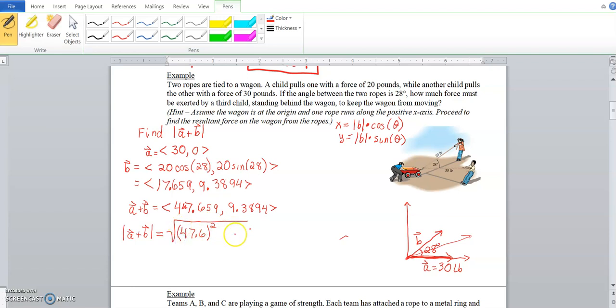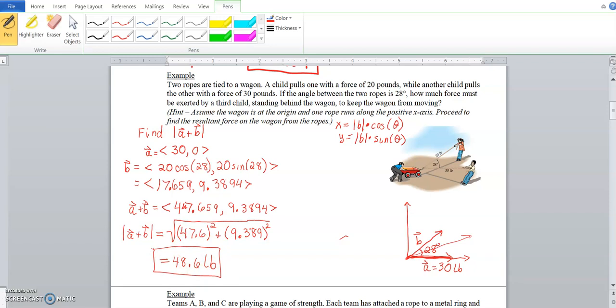To save room on my screen, I'm shortening that to 0.6, but please go ahead in your calculators and use the whole 0.659 and the 3894 and so on. When you do this, you find that the absolute value of A plus B is 48.6 pounds of force.